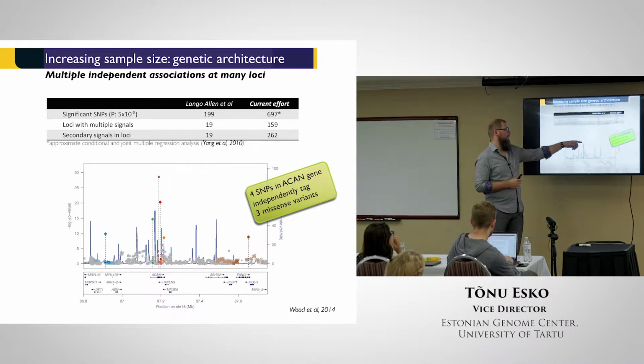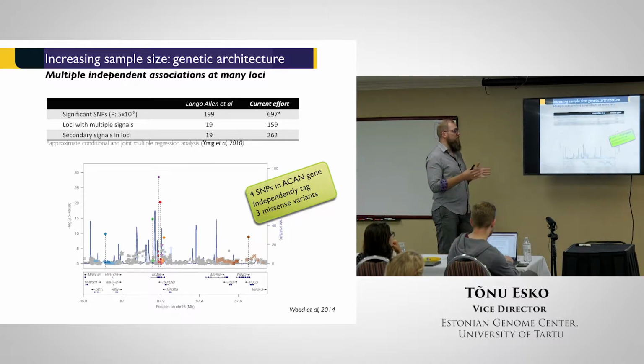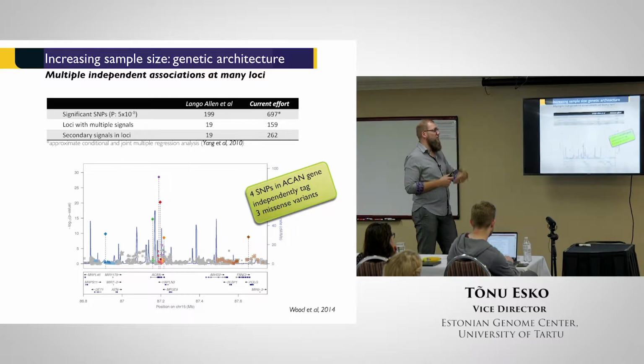But if there is, let's say, a coding variant in strong correlation with your SNP, coding meaning that it contributes to the protein sequence, and if it is missense, or somehow changes the protein sequence, then the chance that this is the causal gene or causal variant is much higher.